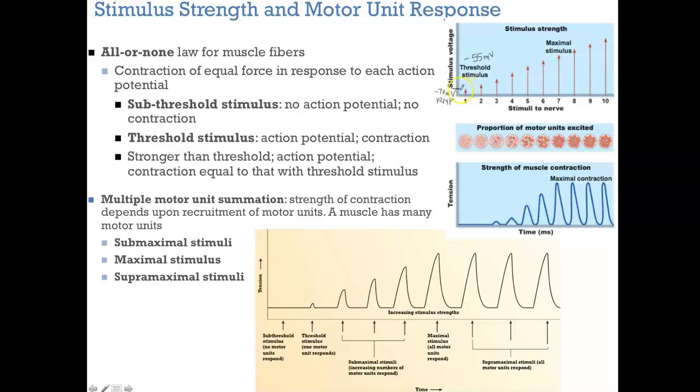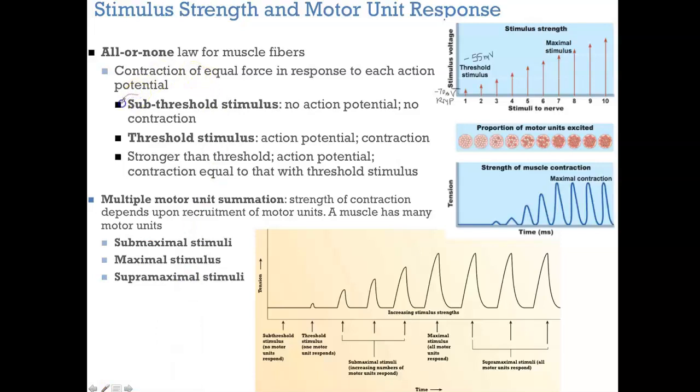And we get a stimulus, and sometimes that stimulus is not strong enough to reach our threshold. And so we get none. We don't get a response. We don't get an action potential. So this is called a sub-threshold stimulus. I put 2 slides together here so this makes a little bit more sense.